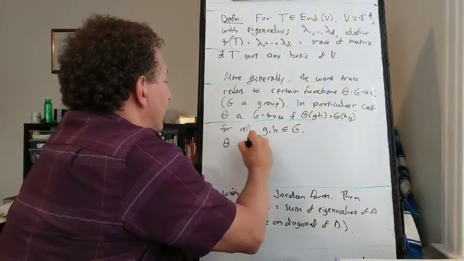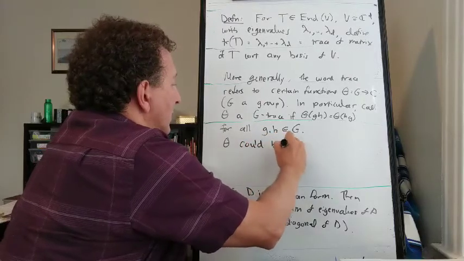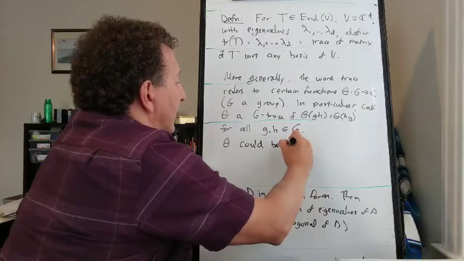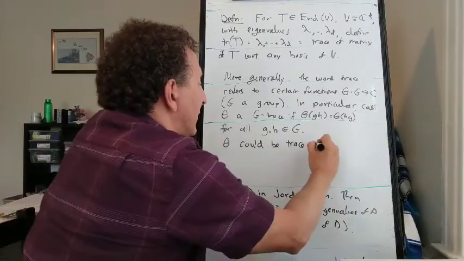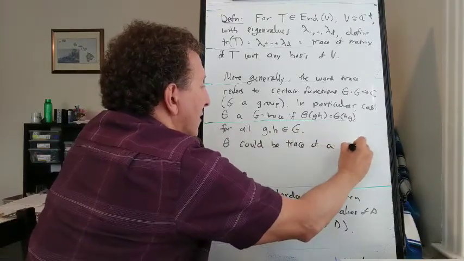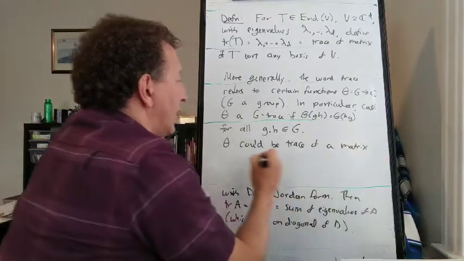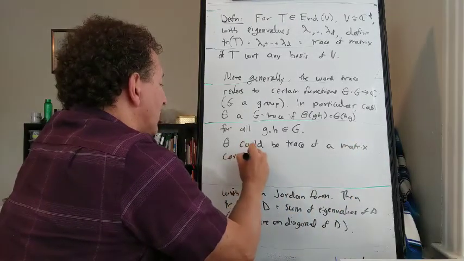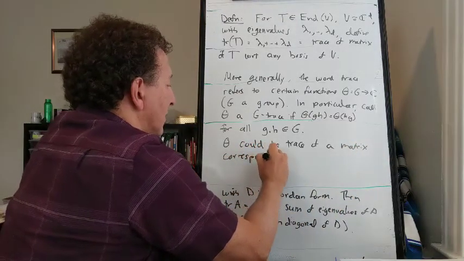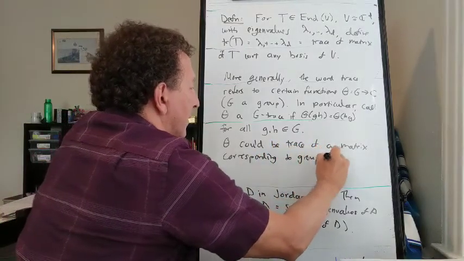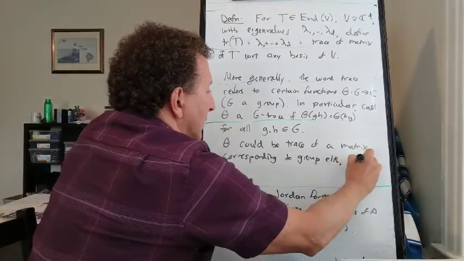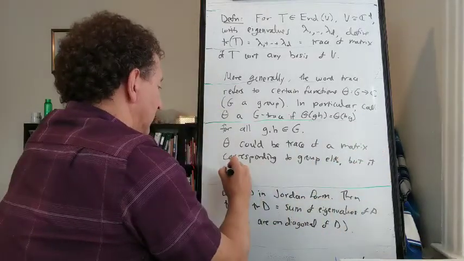Now, theta could be the trace of a matrix corresponding to group elements, but it doesn't need to be.